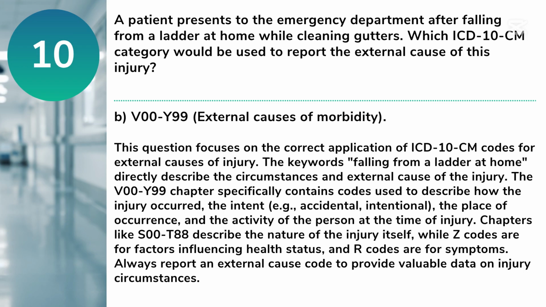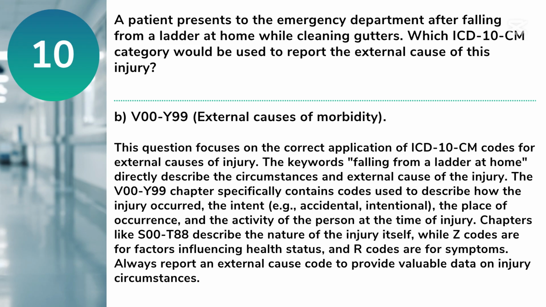Answer: B. V00-Y99, external causes of morbidity. This question focuses on the correct application of ICD-10-CM codes for external causes of injury. The keywords falling from a ladder at home directly describe the circumstances and external cause of the injury.